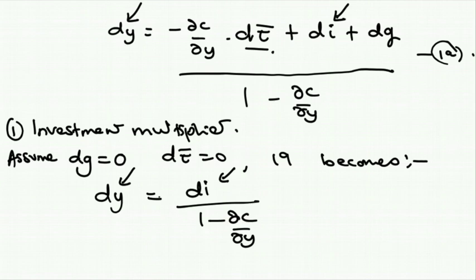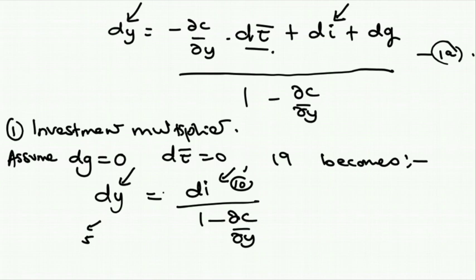So if I put, let's say, investment demand increased by 10, the total change in income would be, let's say, if 1 minus delta c over delta y is 2, then this becomes 5. So if there is a change in investment demand by 10, then the total change in equilibrium income of a country will be 5.